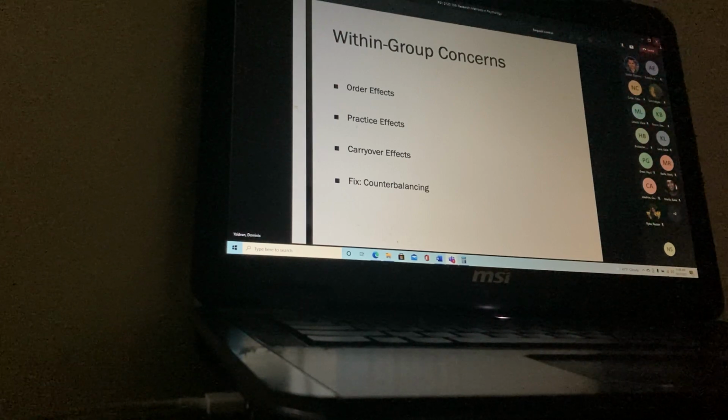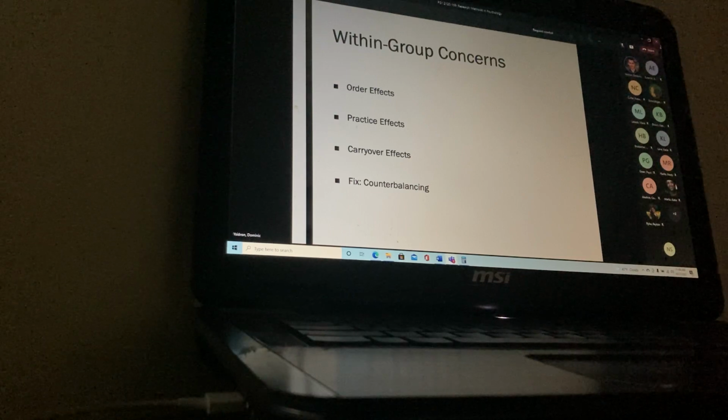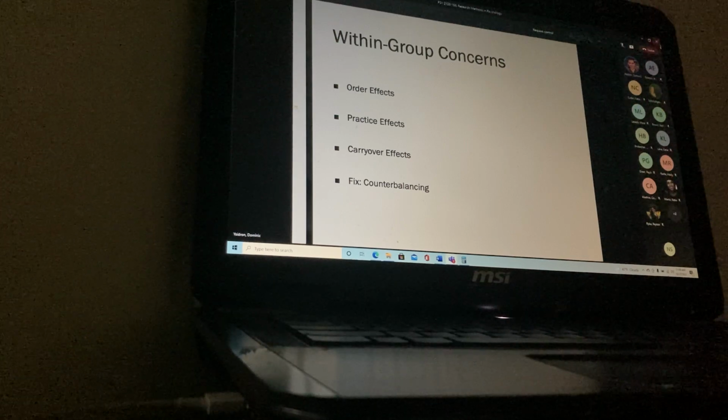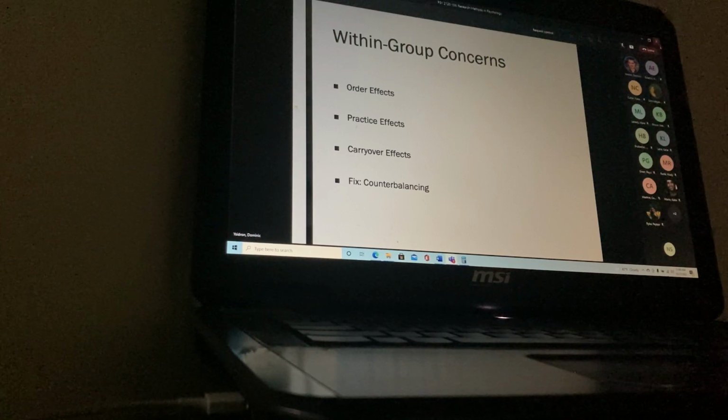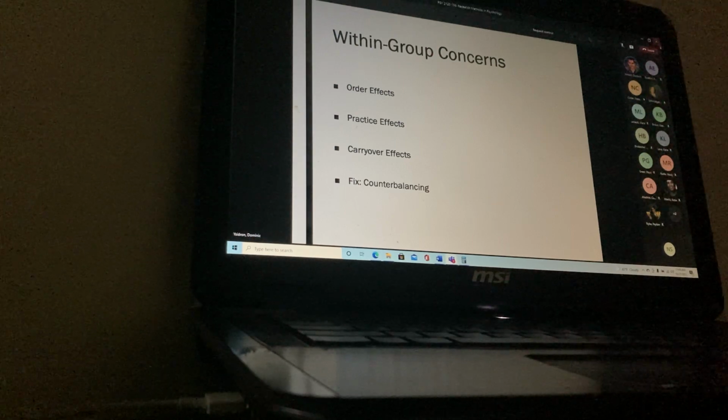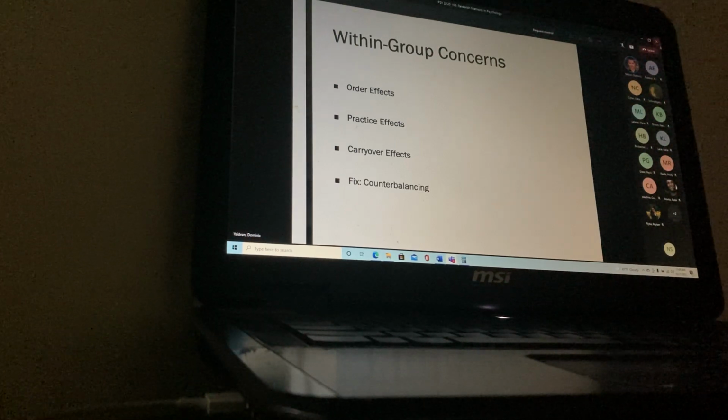So an order effect is when exposure to one level of the manipulation before the other impacts the outcome. Literally the order that you're delivering these different pieces in makes a meaningful difference in the outcome, just because of the order.